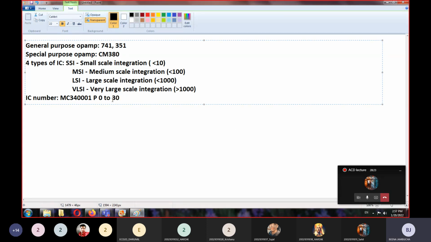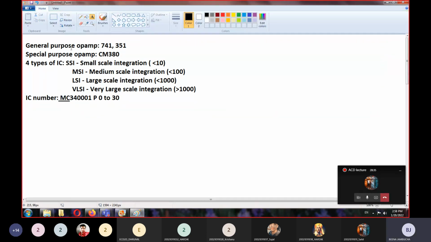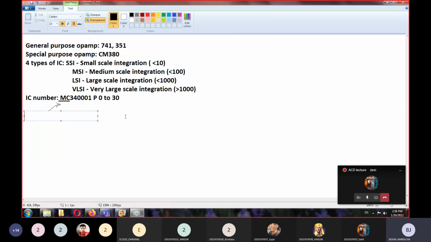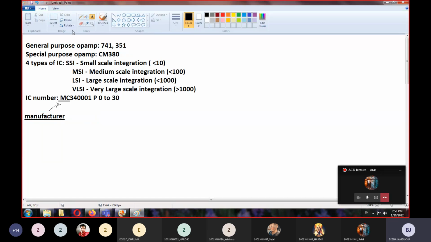It just says MC. The first thing is the name of the manufacturer. What does it indicate? Who is the manufacturer of the IC? So it is the manufacturer.